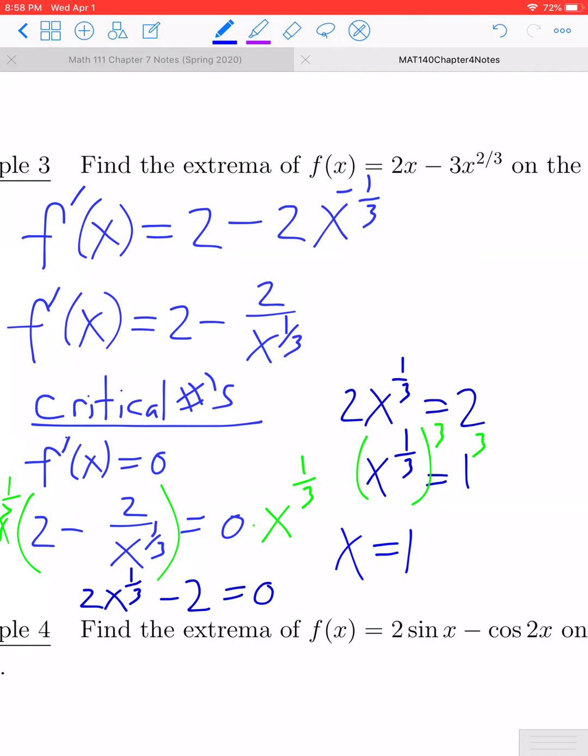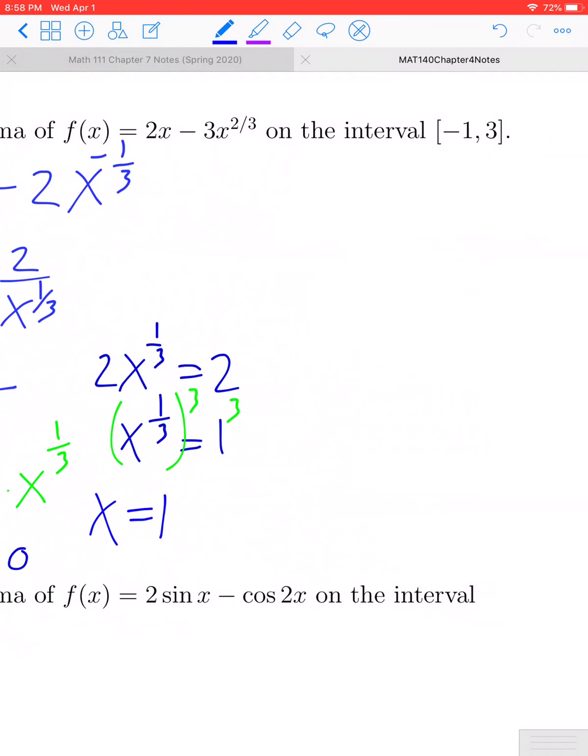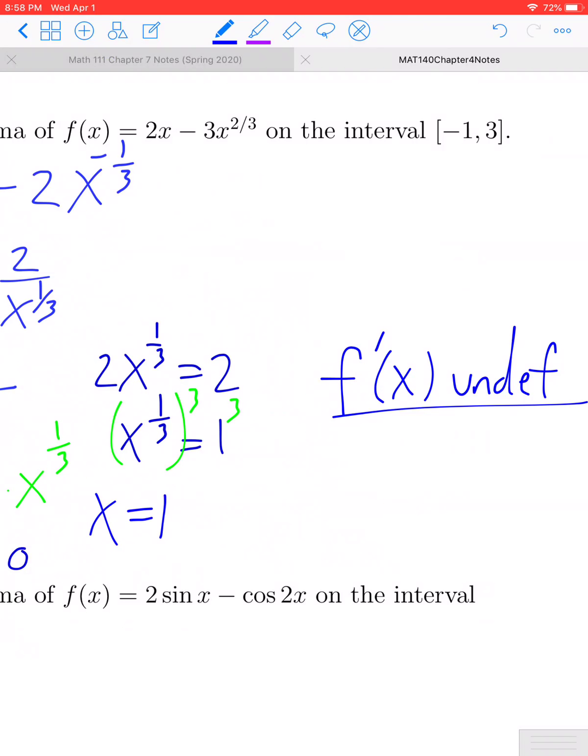We will also have a critical number where f prime of x is undefined. We have a denominator as a piece of this derivative, and that denominator is x to the 1/3. So wherever that is equal to 0, that will be where the derivative is undefined. Again, cube both sides and you would get the answer x equals 0.